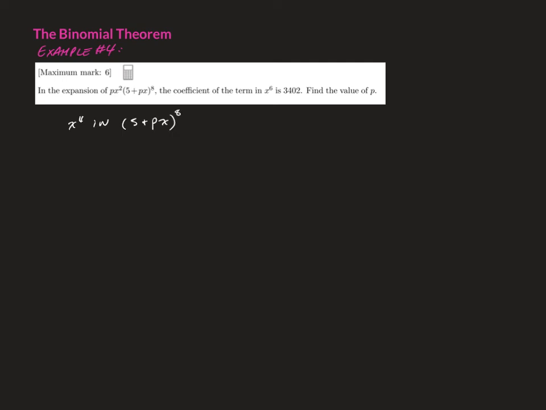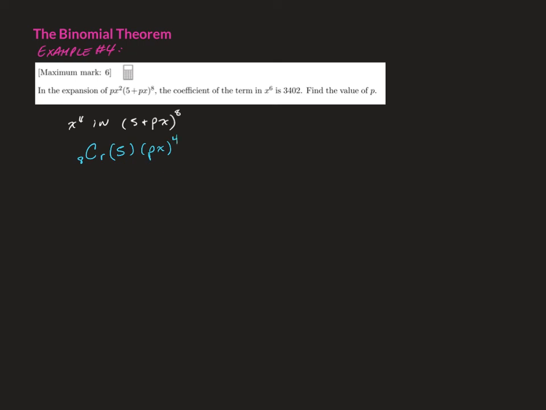Let's begin by writing what this term in the expansion is going to be. So we know it's going to be 8C r, 5 to some power, px to another power that we know is going to be 4.